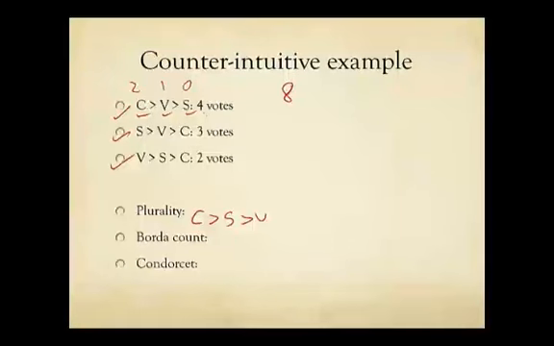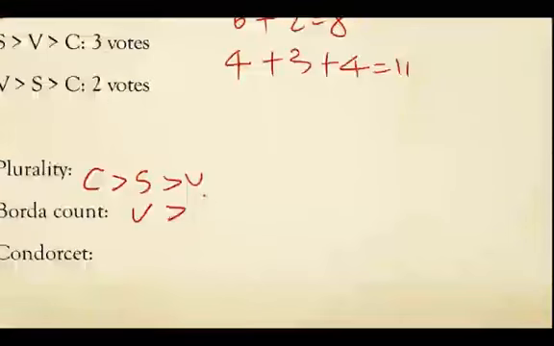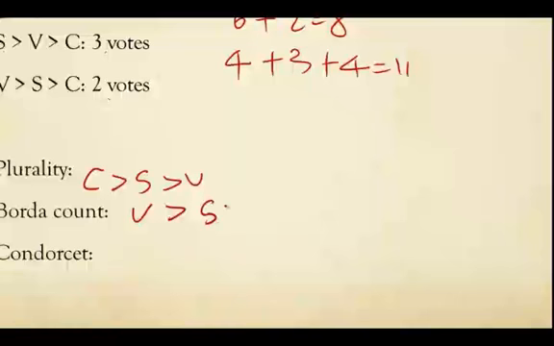Strawberry gets 3 votes where it gets 2 points, so that's 6, plus 2 more votes where it gets 1 point. So it also got 8 points. It's a tie. And vanilla got 4 votes with 1 point, 3 votes with 1 point, and 2 votes with 2 points. So you get 11 points. And therefore, vanilla is better than strawberry equals chocolate. They're tied.